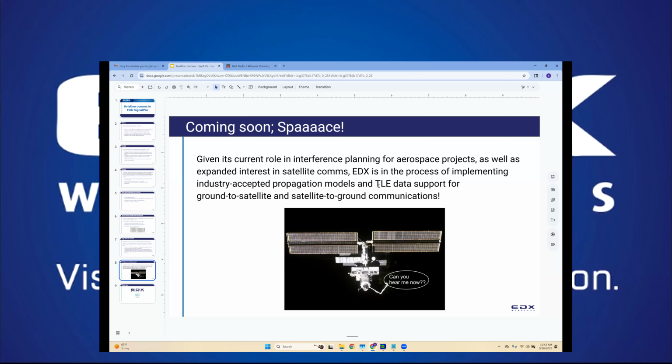Again, using all the appropriate propagation models, because that 528 model essentially extends up to near low Earth orbit, and above that, we should transition to another model. So we're laying the groundwork for all of that, and that'll be coming soon.